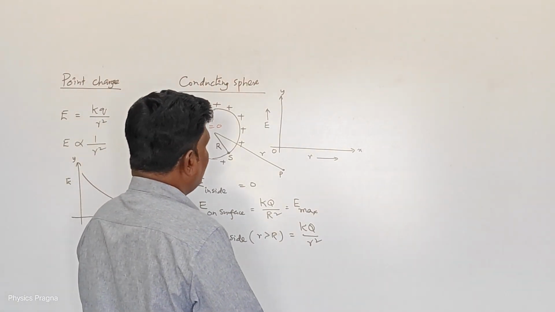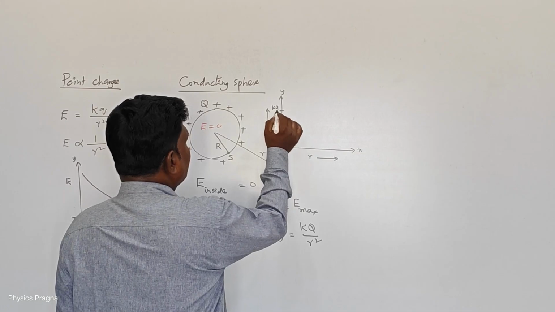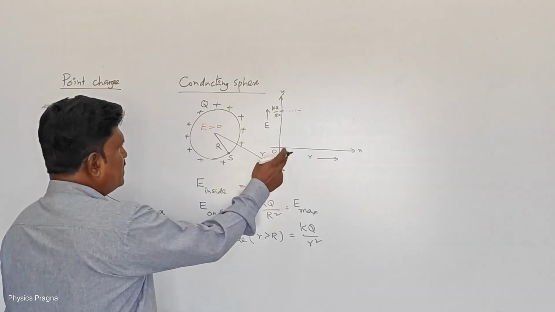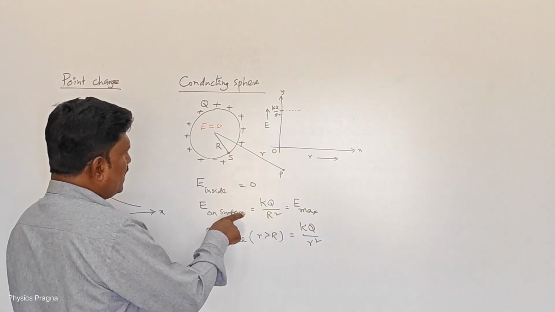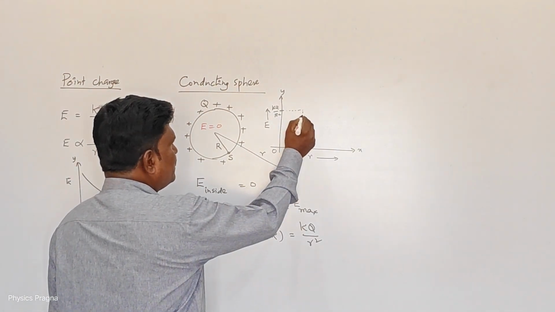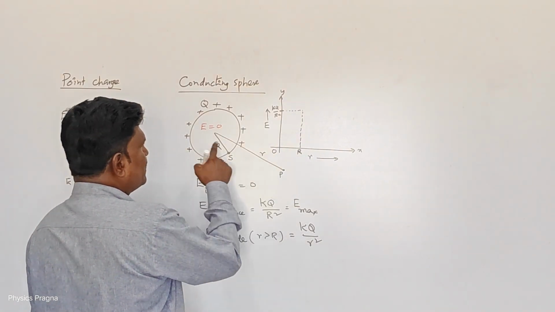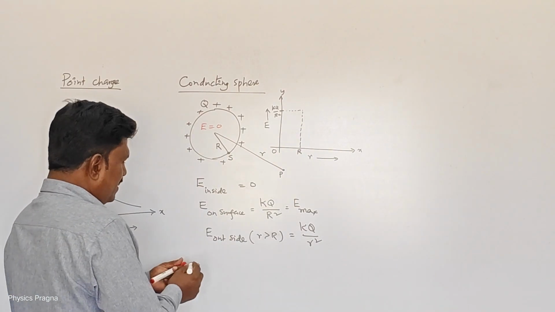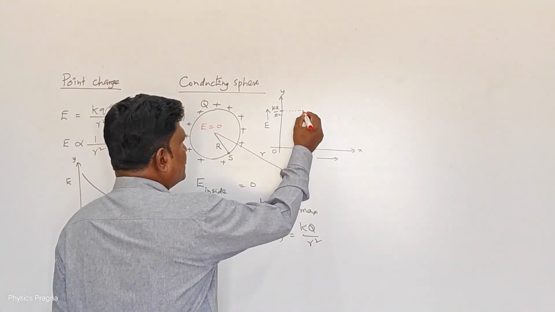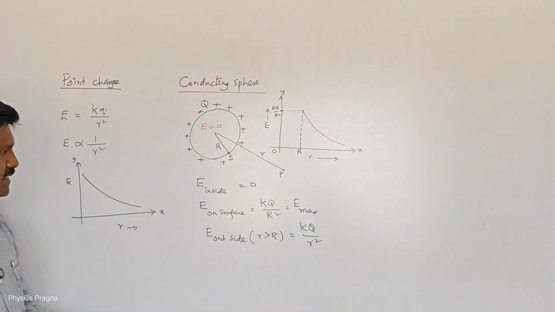The maximum value is kq by r square, inside it is 0, and the maximum value will be on the surface of the sphere. On the surface of the sphere, this is the r distance from the center. Here the electric field value is maximum, then it goes on decreasing.